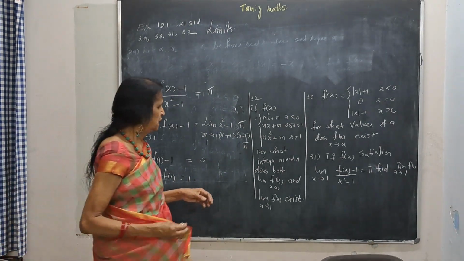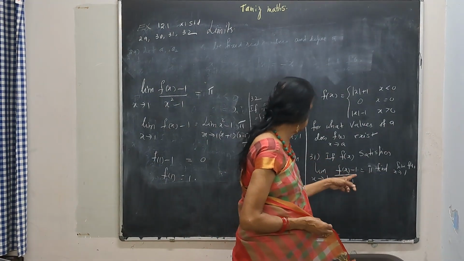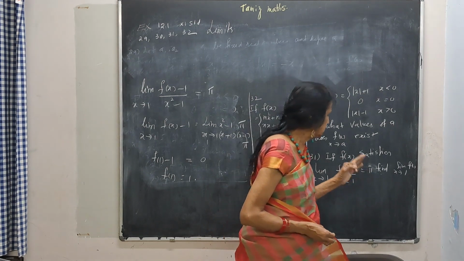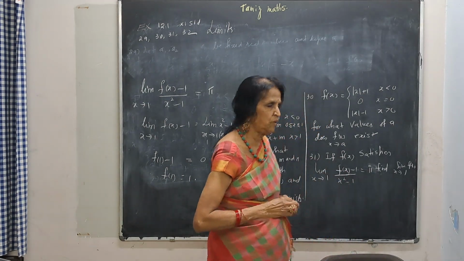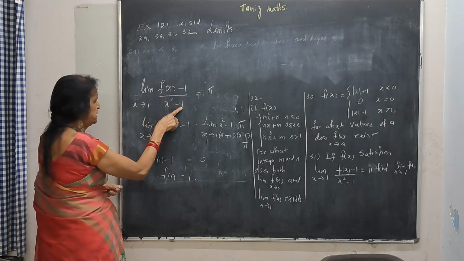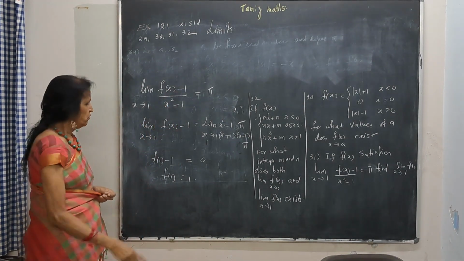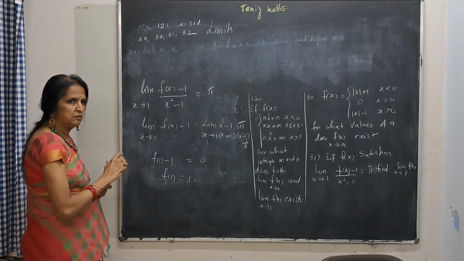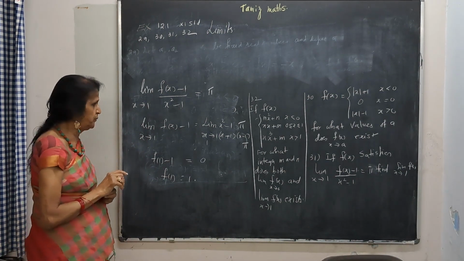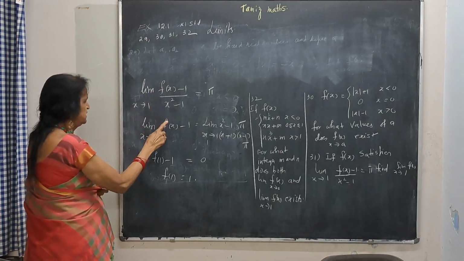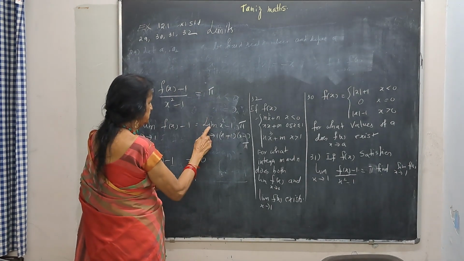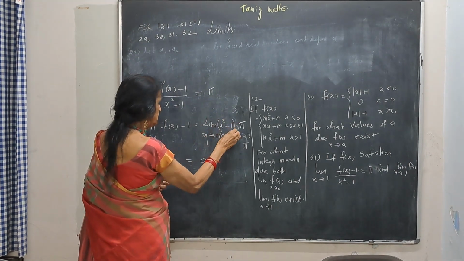I again repeat it. The limit of (f(x) minus 1) by (x square minus 1) is pi. Find the limit of f(x) when x tending to 1. The limit of a numerator by denominator is the limit of the numerator by the limit of the denominator. So this will be limit of (f(x) minus 1) into limit of (x square minus 1) into pi.